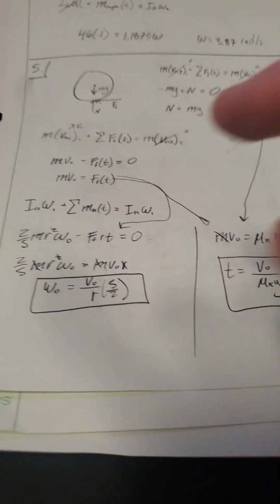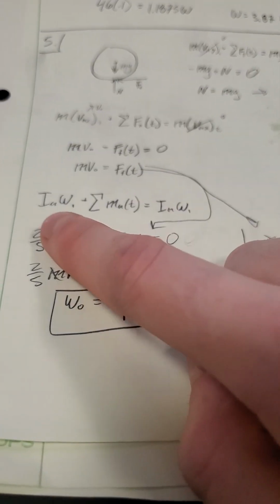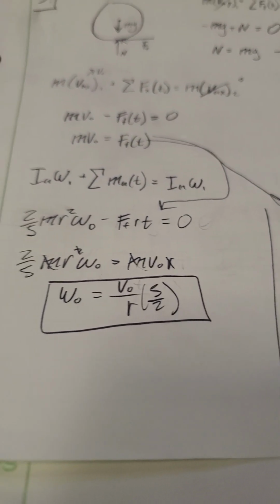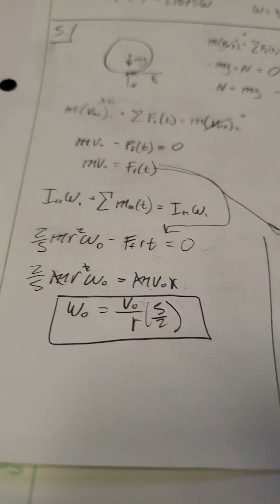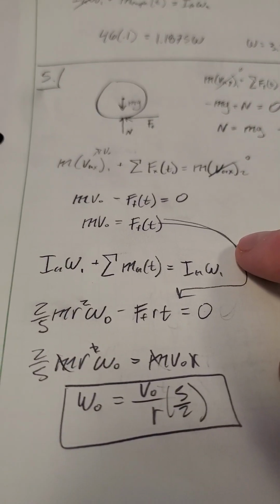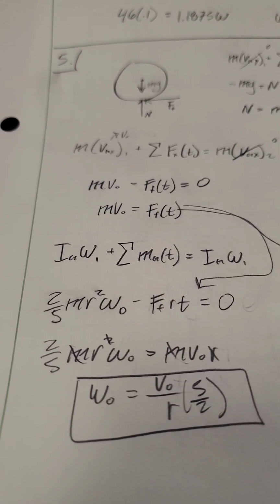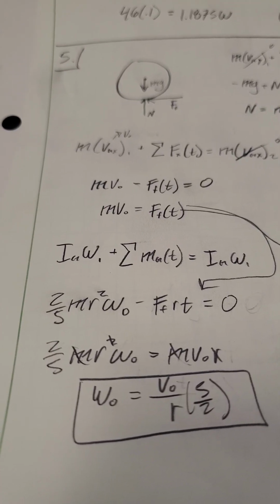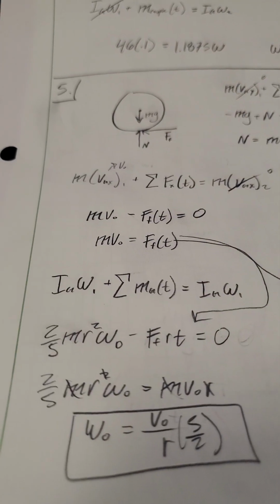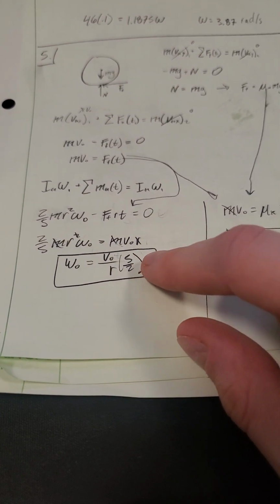And then we're also going to do the same for the moments. So the initial angular momentum plus the sum of the moments times time is going to equal the final angular momentum. Same thing, we know that the final angular momentum is 0, and we know that the moment from the friction equals the force friction times the radius, because it's acting the radius away from the center. So that gives us another equation.